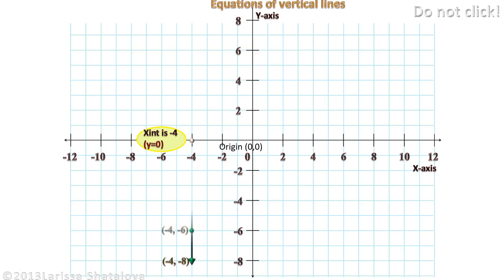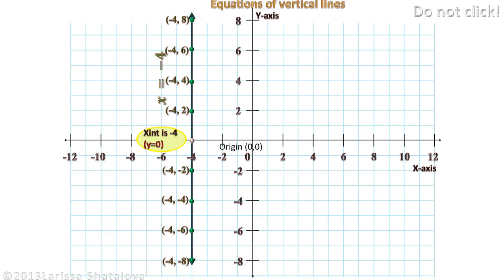You see, we are moving from the bottom to the top. We are changing y's, but x stays the same. X is negative 4 for all points on this graph. This is why the equation of this line is x equals negative 4.